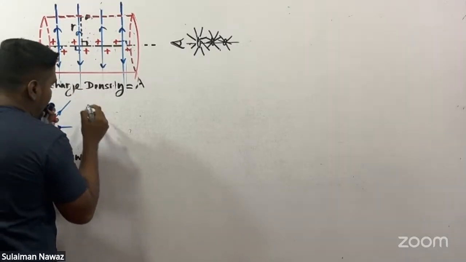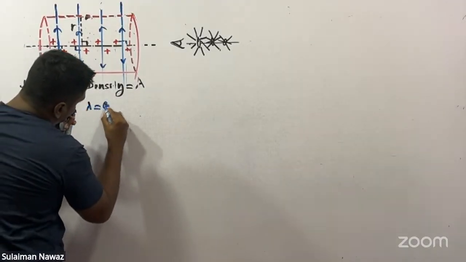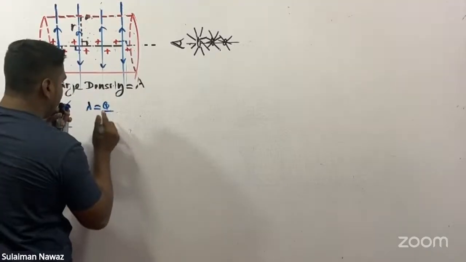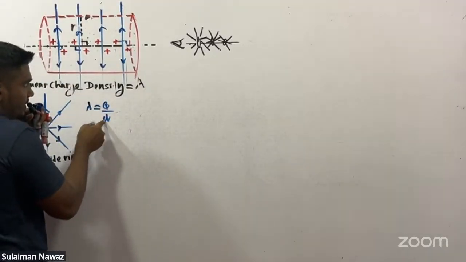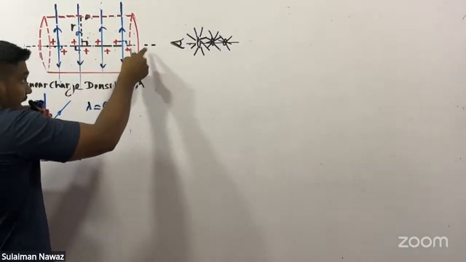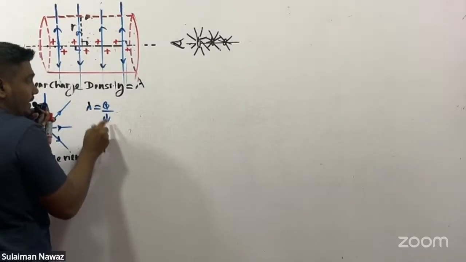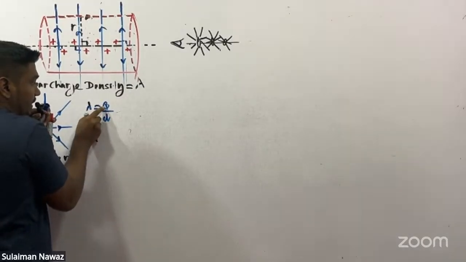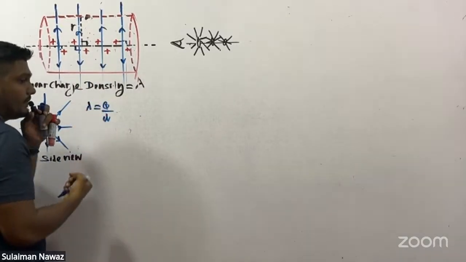We know the equation. Linear charge distribution means total charge divided by the total length. But since the wire has an infinite length, I am getting the total charge on the wire as infinite, sir.